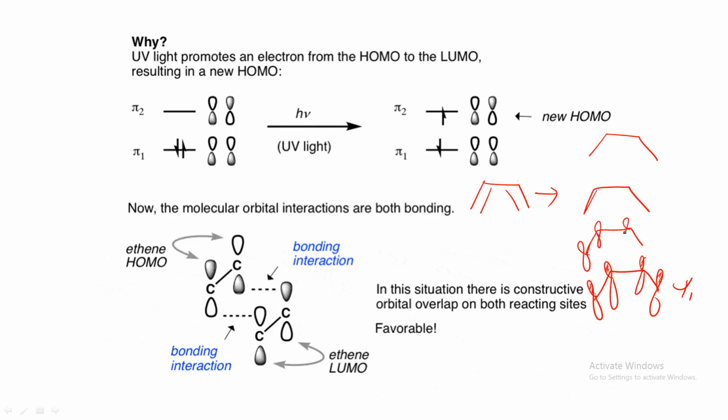Psi 2 is going to have one node. This is psi 2, and psi 3 is going to have 2 nodes. So here we are going to have the nodes. So this is psi 3, and psi 4 we are going to have 3 nodes.